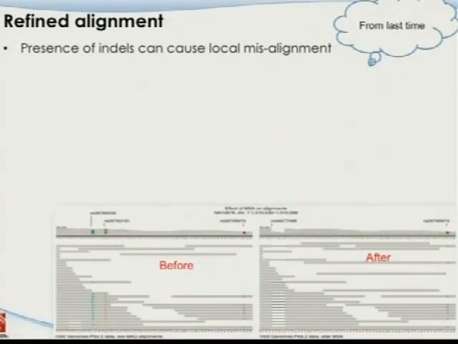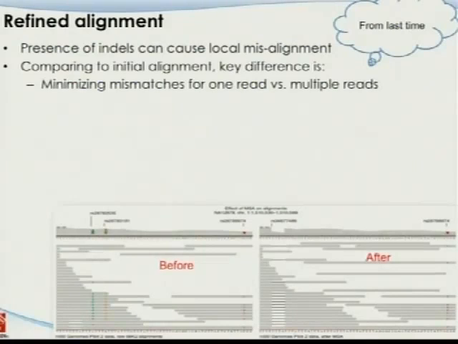But after you do the refined alignment, you see this is actually due to a small insertion or deletion there, and it's caused by the misalignment. Both of these two potential variants being identified are gone, and those were really because of alignment errors.